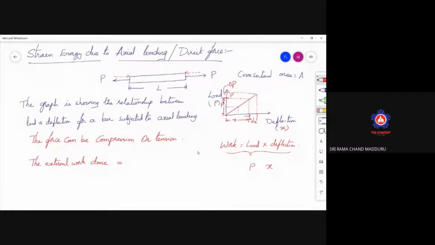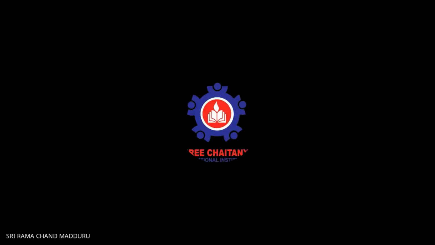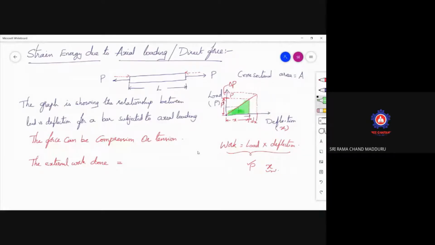The load applied is P and the corresponding deflection x. Why? Because if you draw a graph of load versus deflection, the graph moves like this. This value is P and the corresponding deflection is x.